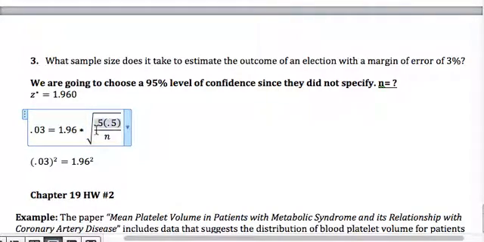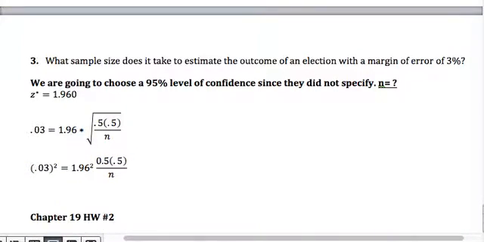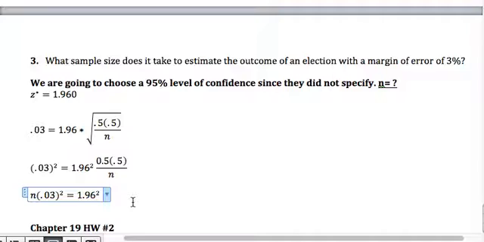Oh, come on. This part? Yay. Okay, well, it's 0.5 times 0.5 over n. There we go. And then we're going to multiply n on both sides. So now n goes up here, 0.5 times 0.5.